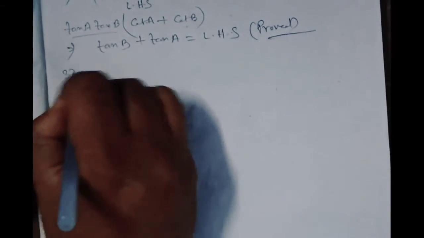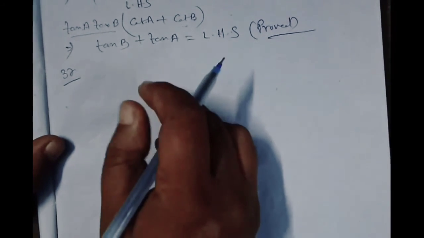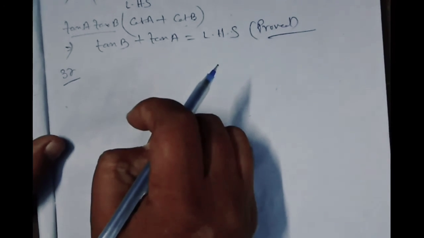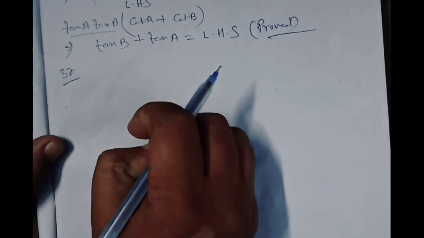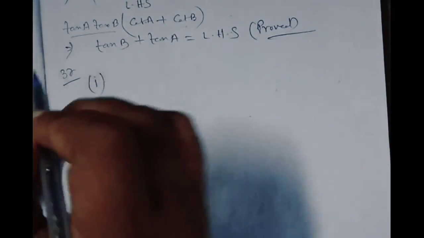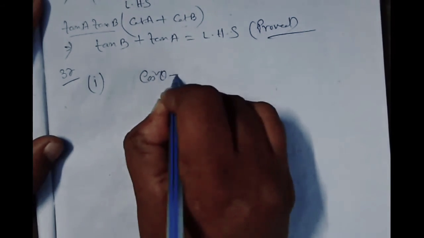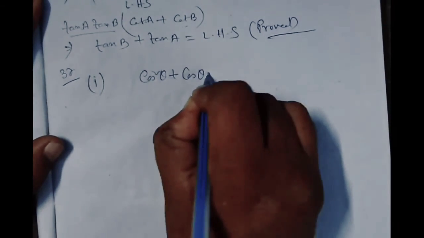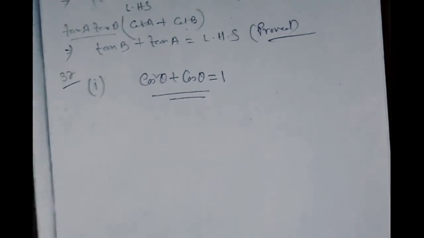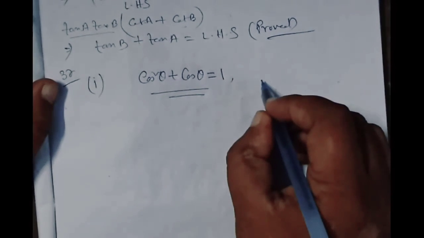Question number 37. We have to show that none of the following is an identity. That means cos square theta plus cos theta equals 1, we have. Now to show it is not an identity, we have to put a value of theta.